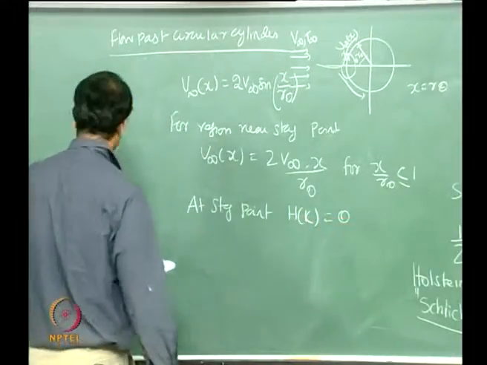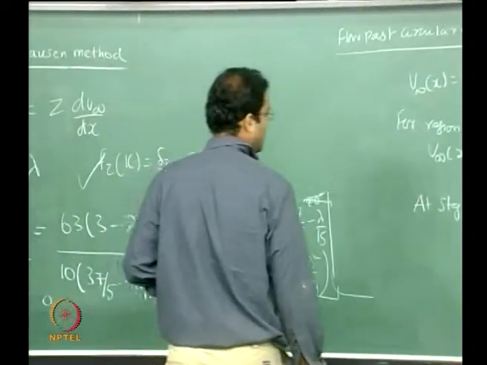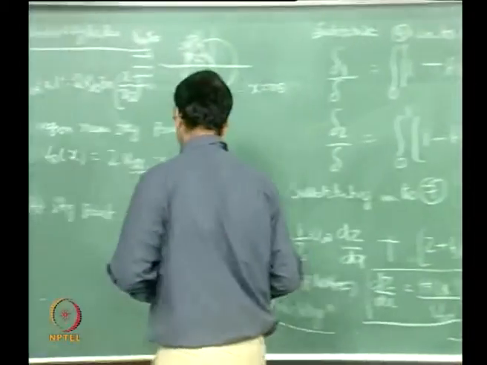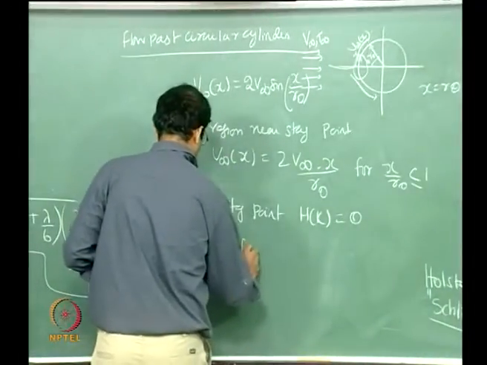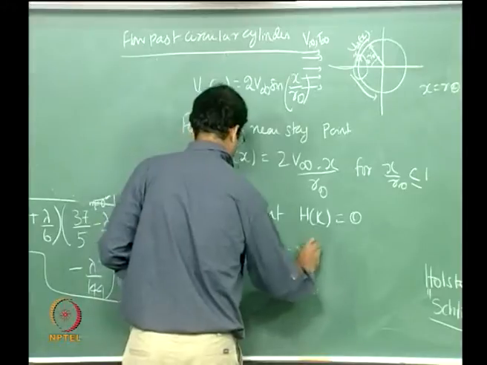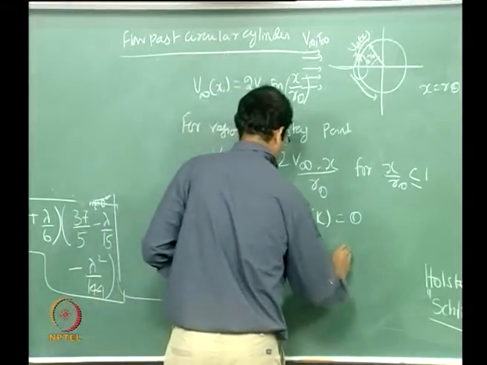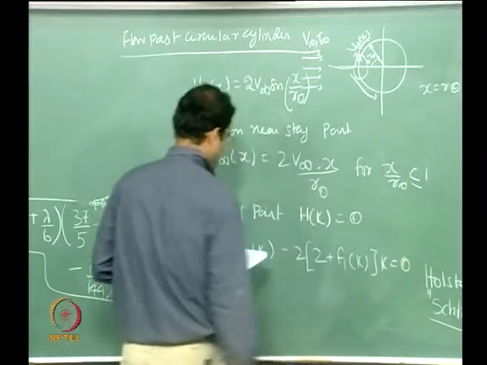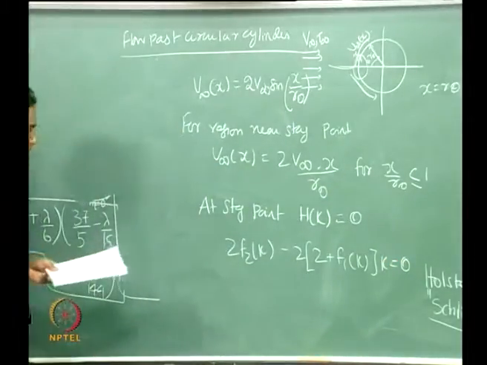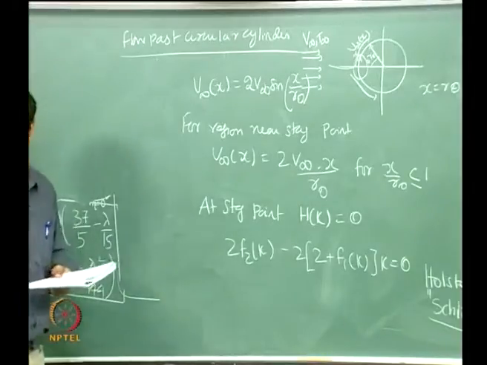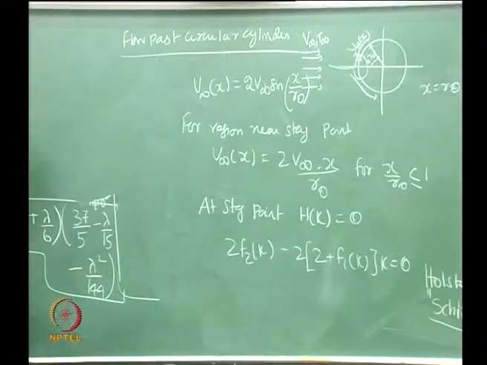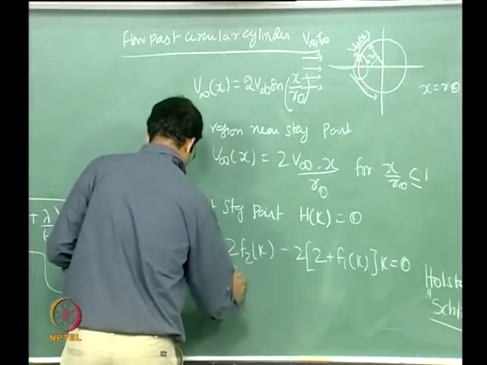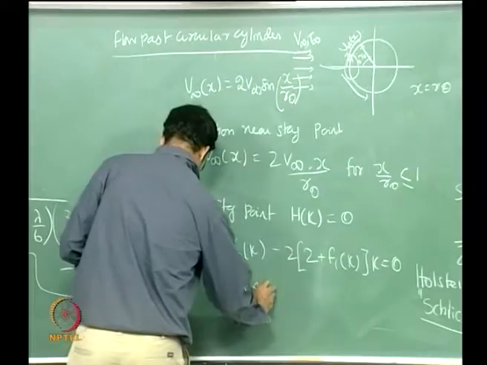So we already have the expression for h of k, which is nothing but this. This has to be 0, so that means 2 f2 of k minus 2 into (2 plus f1 of k) equal to 0. So if you substitute for f1, f2 and k in terms of lambda, you will get a nice cubic algebraic equation in terms of lambda.